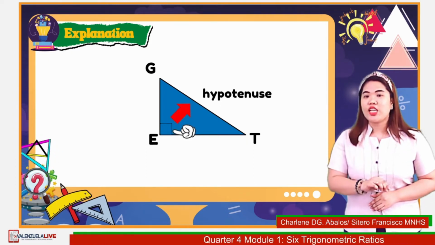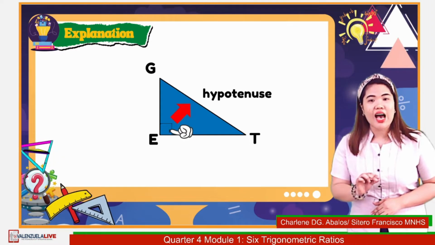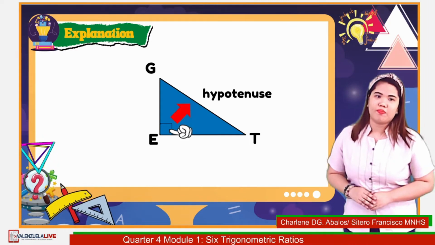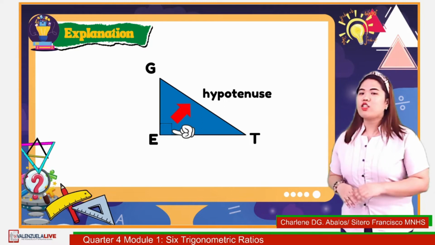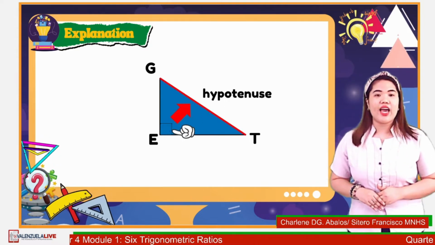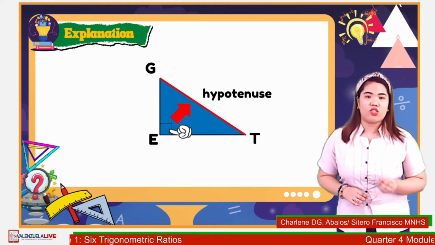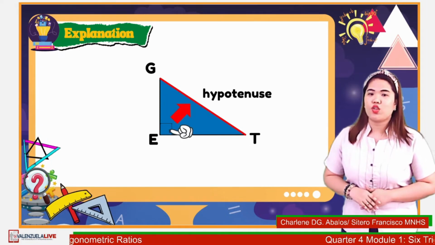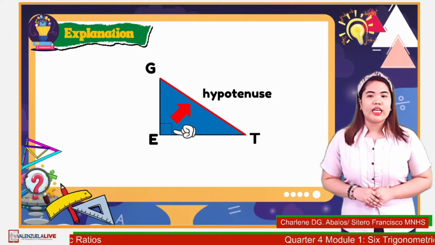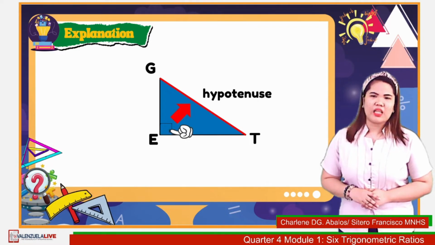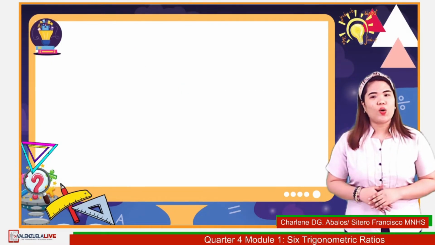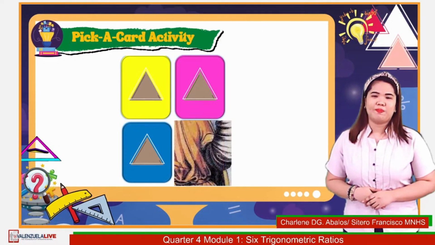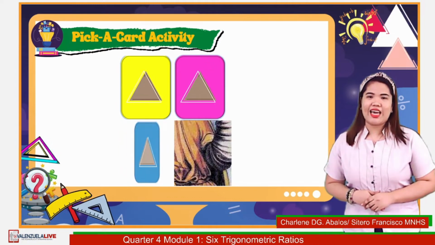And this is considered as the longest side of a triangle. With this, segment GT is the side opposite to it, and it is considered as the hypotenuse of triangle GEP. We are nearly completing the whole picture. Okay?